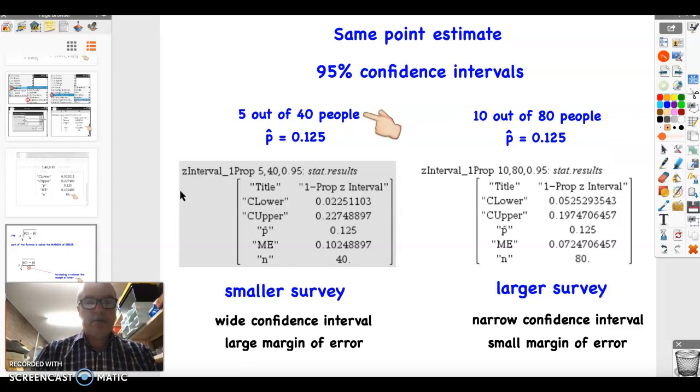So here we've got the smaller survey, and we compare our margin of error first of all, and we can see that this is a larger margin of error than when I had double the sample size. And the confidence limits are further apart than they are when I had a larger sample size in my survey.